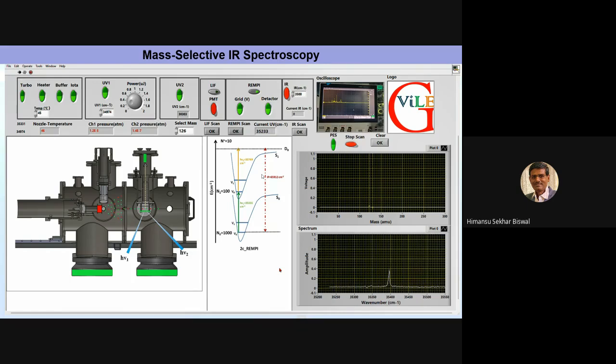Then you will have the band origin. And this is called the sigma, the intermolecular vibration. All of them are coming from the paracrystal water. We are monitoring that mass only, the 126 mass.